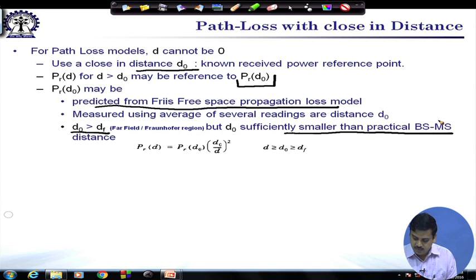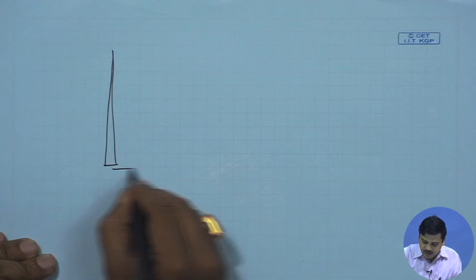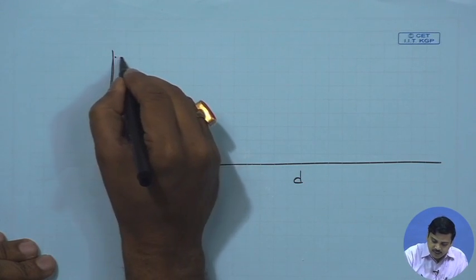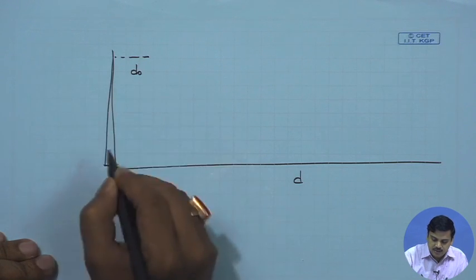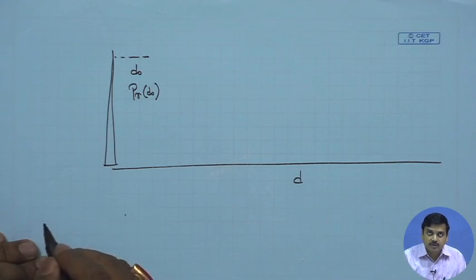What does it mean? It means that the base station is here, this is the d axis. We will measure at a certain separation d0 and call it PR d0. This is the reference point.